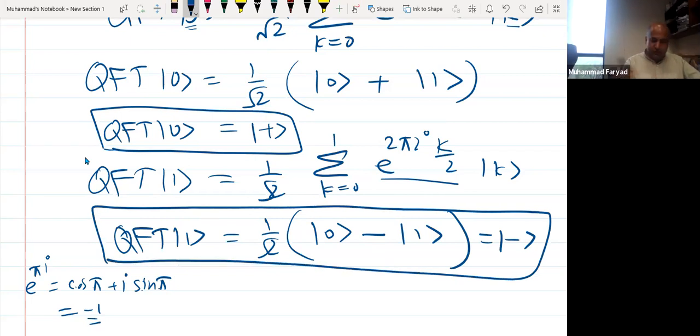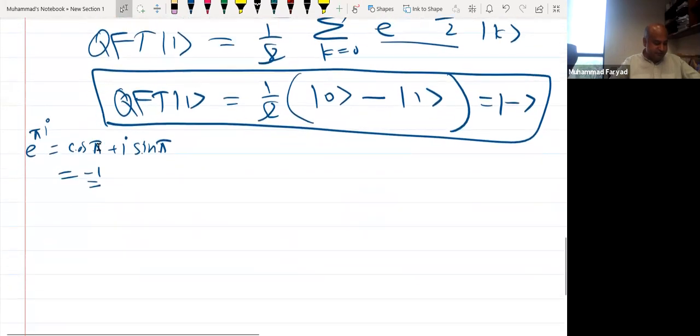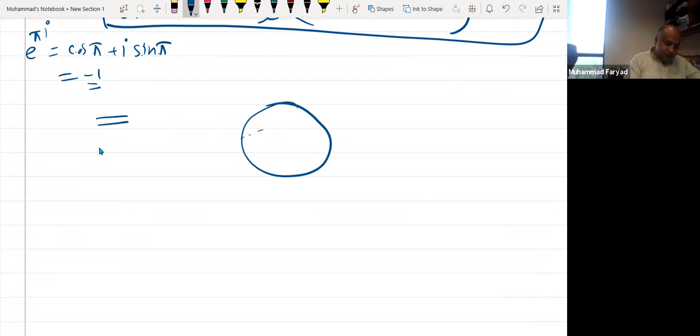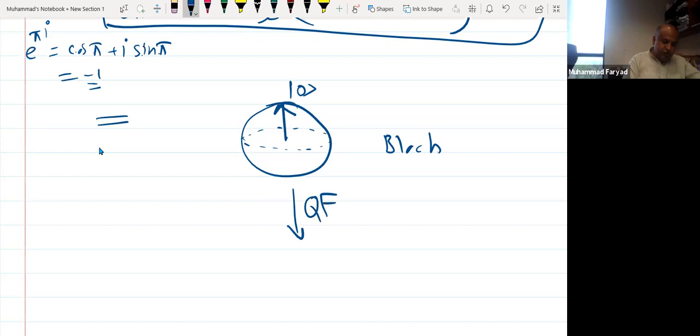Perfect. So in a single qubit system, what is happening is this: if this is, let's say, the Bloch sphere, and my state 0 is being Fourier transformed in such a way that it becomes the plus state.